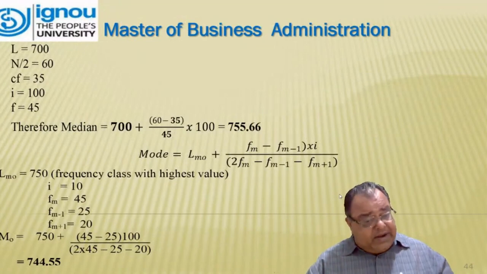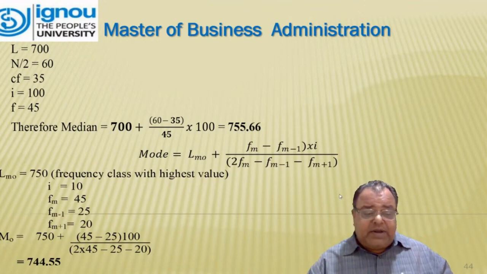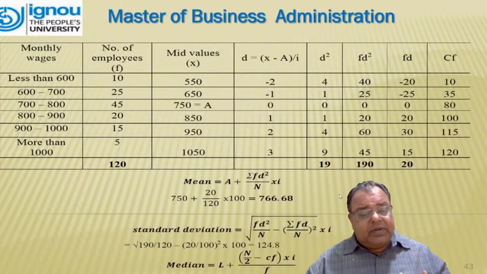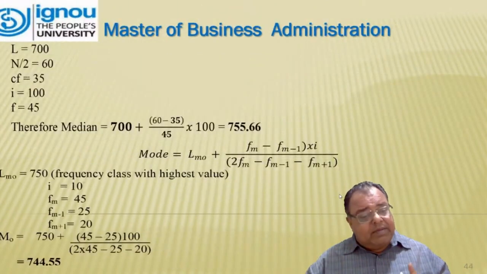I is 100. FM is 45. FM minus 1 is 25. FM plus 1 is 20. Putting all the values, we get 744.55. Now we have calculated mean, standard deviation, median, and mode.